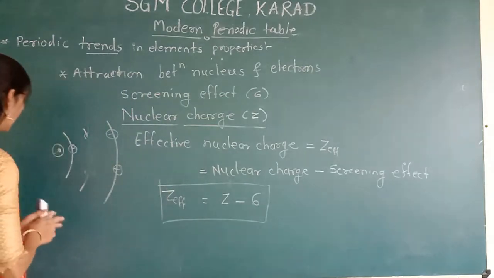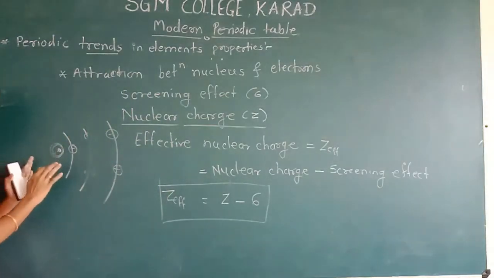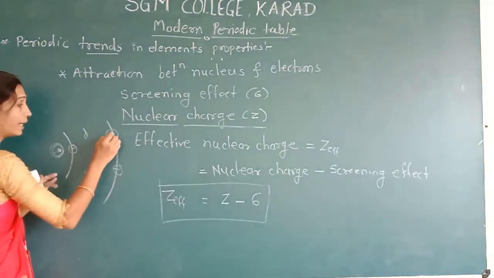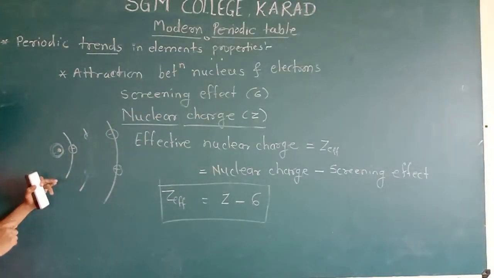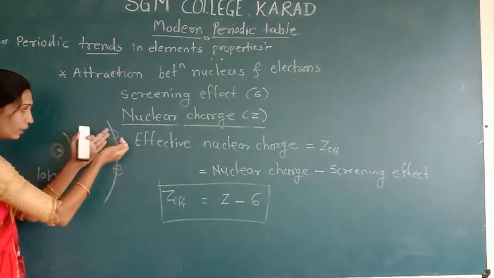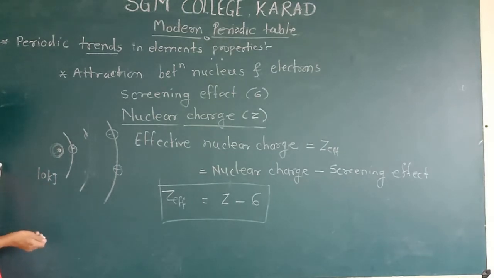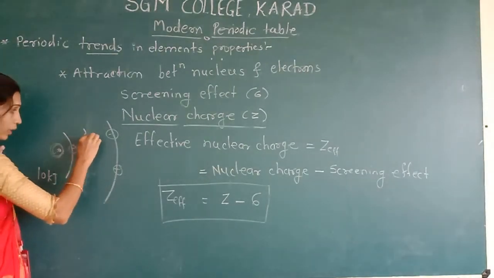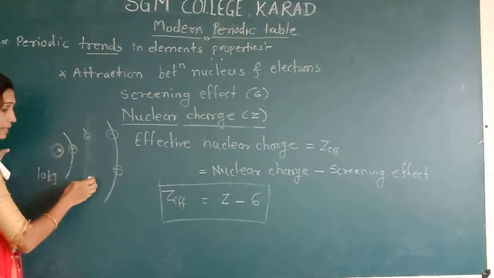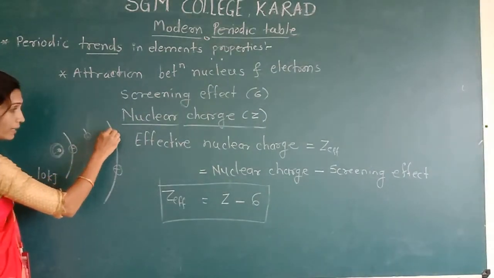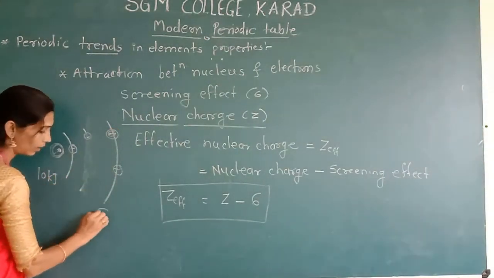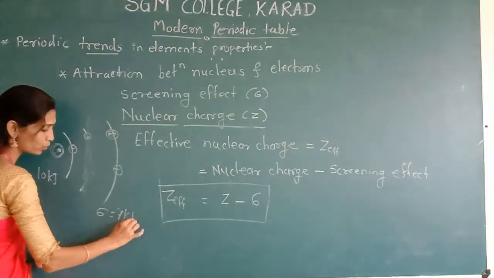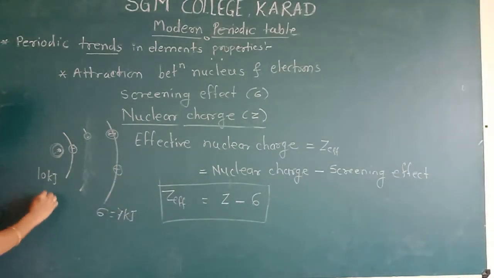If the nucleus applies 10 kilojoule energy to attract the electron. आता ह्या न्यूक्लियसला जर समजा 10 किलोजूल इतकी एनर्जी या इलेक्ट्रॉनला आपल्याकडे ओढण्यासाठी अप्लाय केलेली असेल आणि स्क्रीनिंग इफेक्ट म्हणजे आपला सिग्मा जर 7 किलोजूल असेल, then what is the effective nuclear charge?